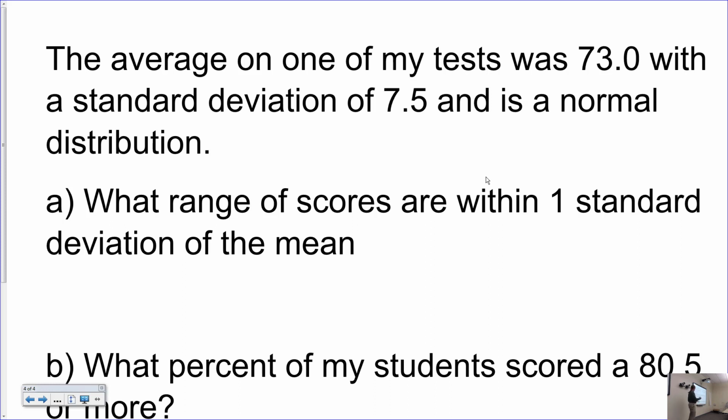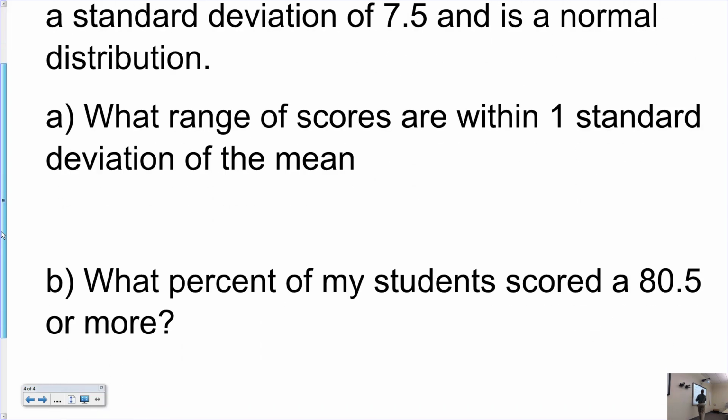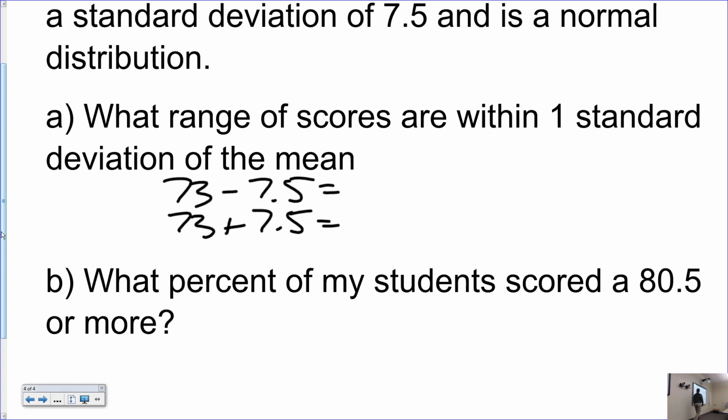So what score is one standard deviation above the mean? You would add 7.5 to 73. 73 minus 7.5, 73 plus 7.5. What is 73 minus 7.5? 65 and a half?